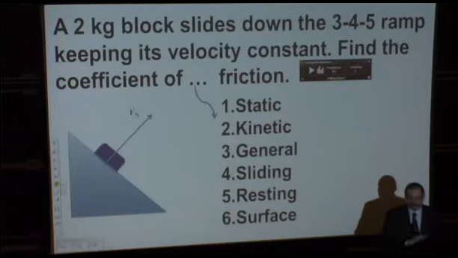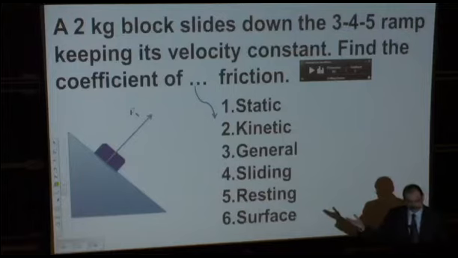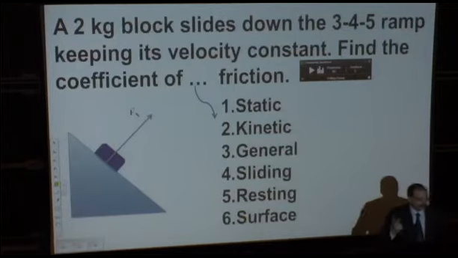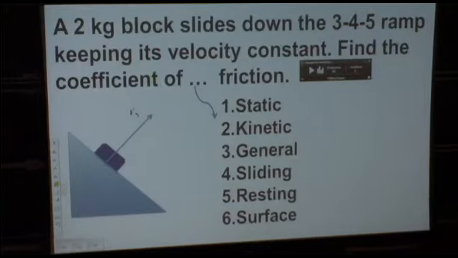Situation number one, nothing is moving, which means static friction is acting on it. Situation number two is sliding. Could have been sliding with constant velocity or speeding up. Still, in that case, we should use kinetic friction. But the free body diagram is the same for all cases. Now we just have to add one more arrow.